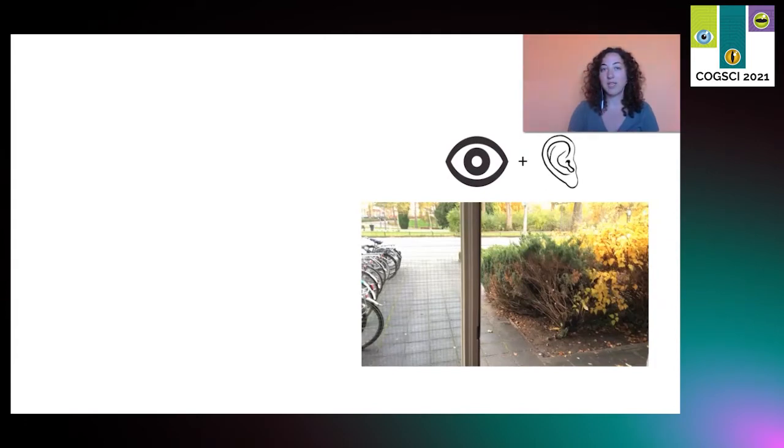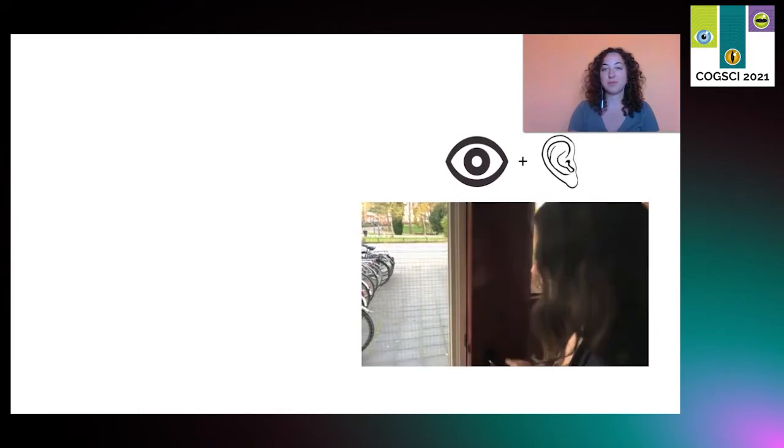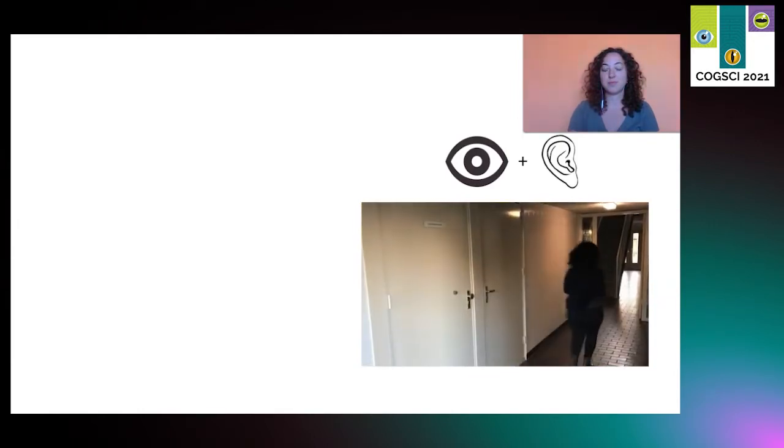Or you might watch the same event together with its sound. Do you conceptualize this event similarly in all these conditions?